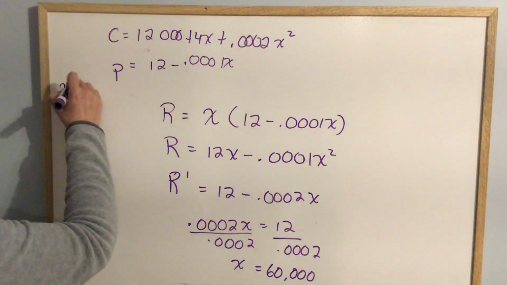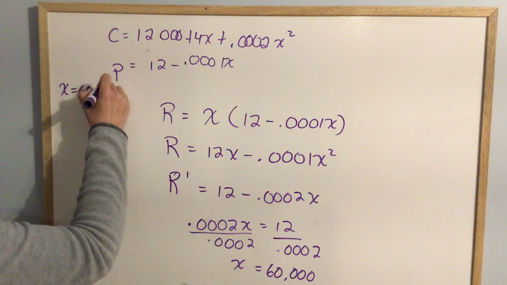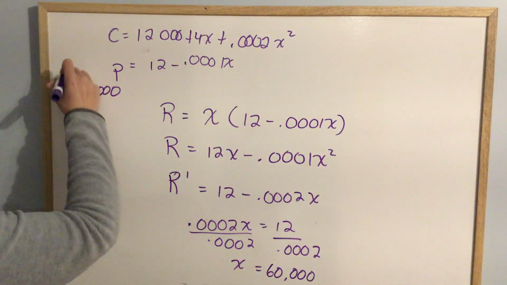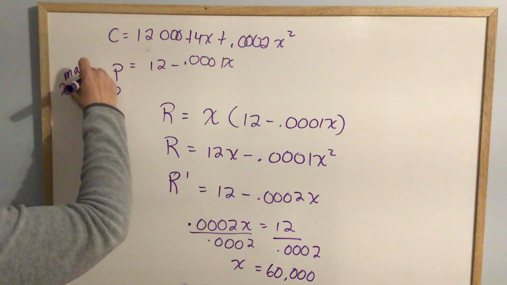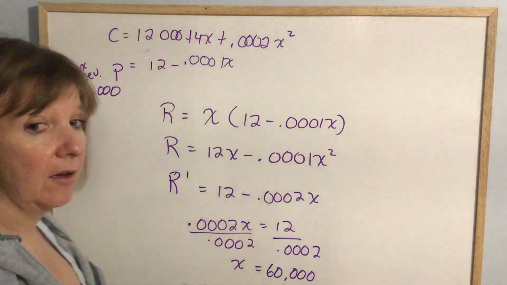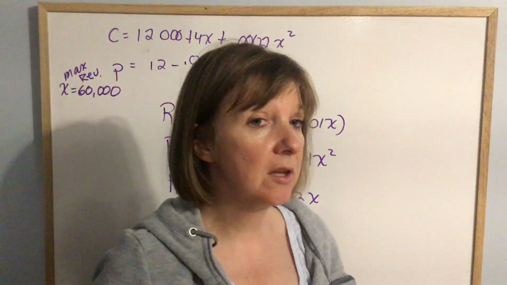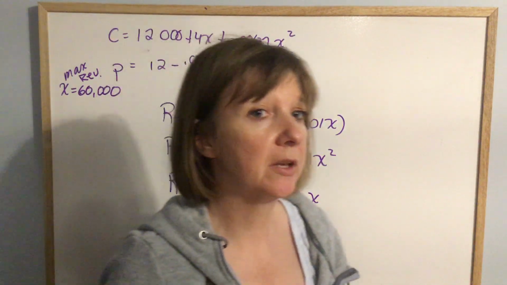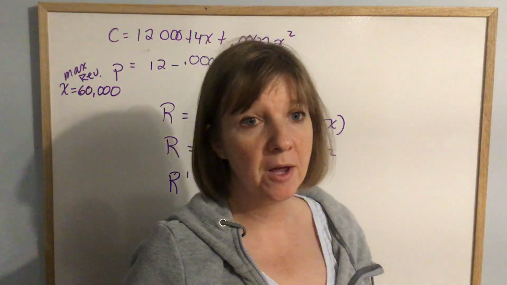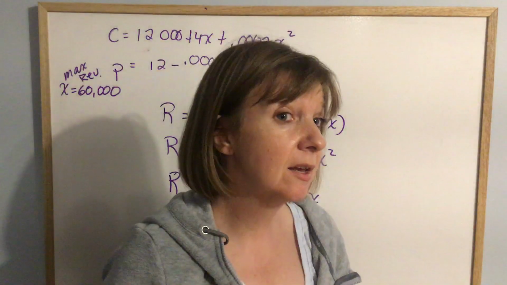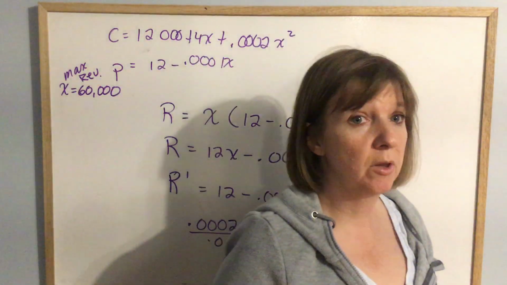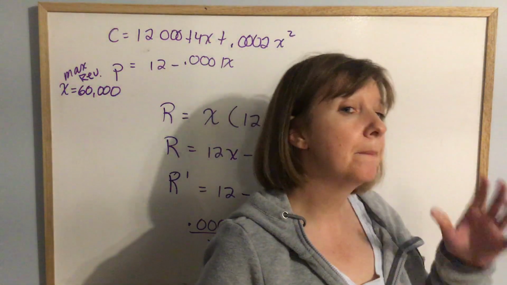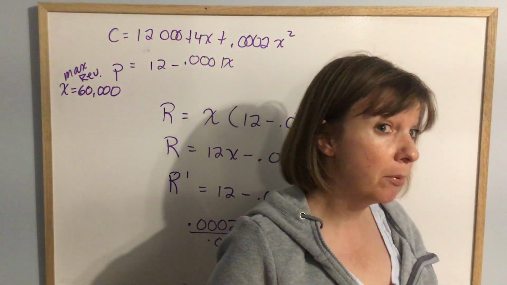To maximize my money coming in, I need to make 60,000 bottles. But that doesn't necessarily maximize profit, because maybe my expenses are really high at that point.